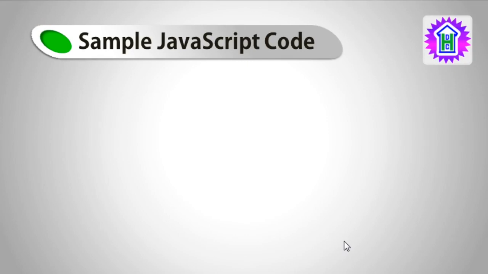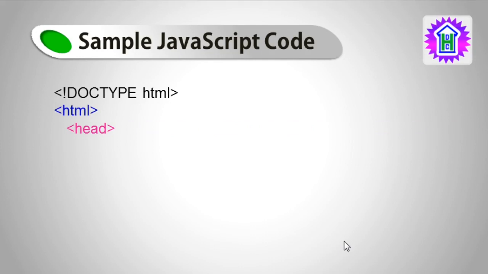Now let us see a sample JavaScript code. Because we are writing this JavaScript inside HTML, we are starting with doctype HTML as we are targeting HTML5. Then the HTML tag is used to start a web page, followed by its first section, which is called head.